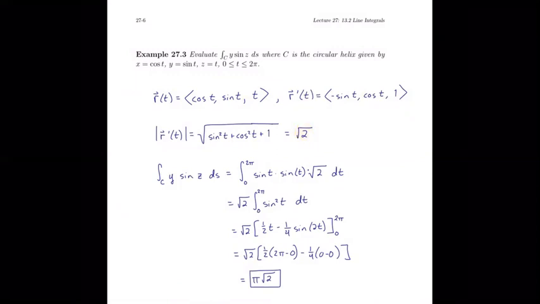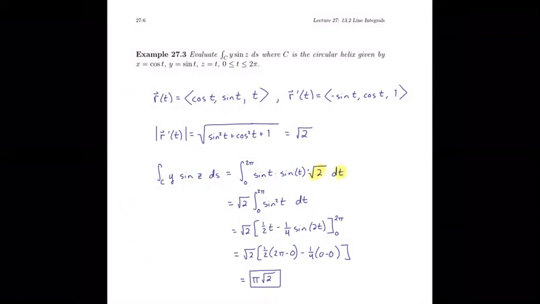So when we set this up, our line integral over the curve C of this function y sine of z is equal to the integral from 0 to 2 pi, as indicated here, and then y is equal to sine of t, so there's sine of t, and then sine of z, where z is t, is sine of t in this case, times our magnitude of r prime of t term in this case, dt.